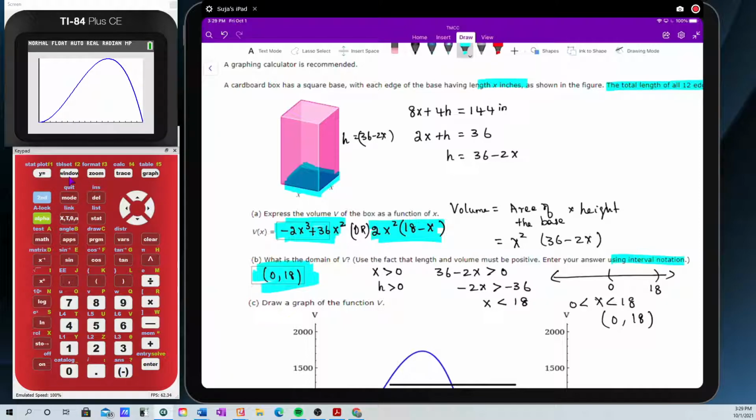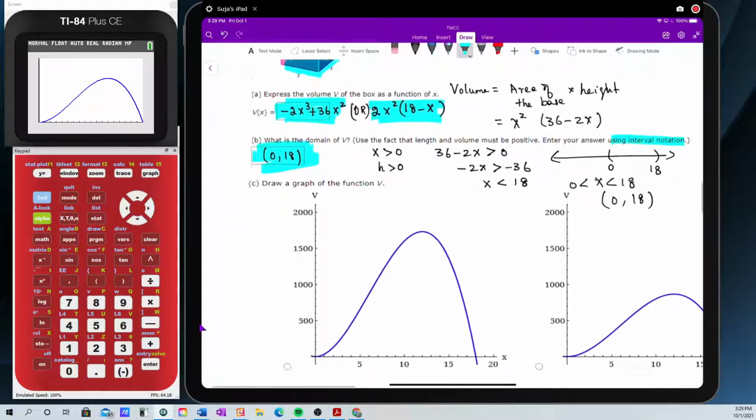But I still want to push it up a little bit, so I'm going to increase my y maximum to, say, 2500. I think that's good.